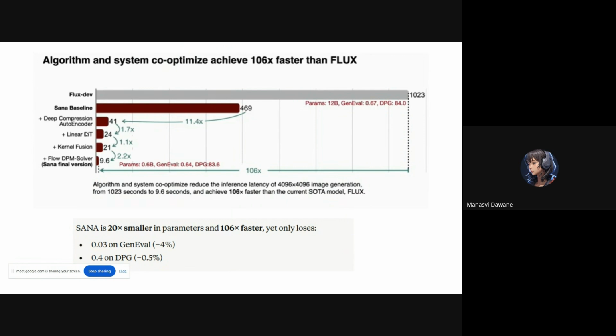Then after adding deep compression autoencoders to Sana, it reduces to 41. Then after adding linear DiT, it reduces to 24. Then after adding kernel fusion, 21. And then DPM solver, it reduces to 9.6. So these four are the optimization layers which we will be adding to Sana in order to make it better.